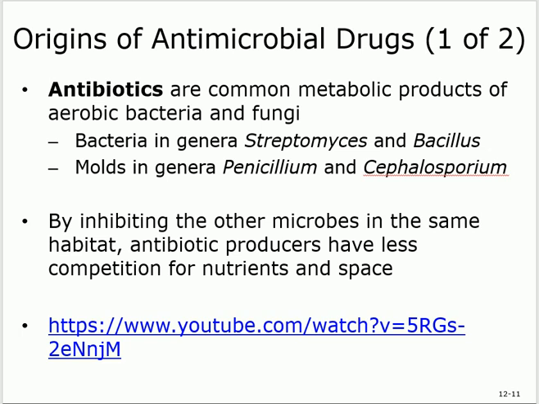All right? Here is an example. Bacteria, Streptomyces. You need to know the names, by the way. This is almost pharmacology, so you will have to know the names. What's Streptomyces? This is a bacteria.